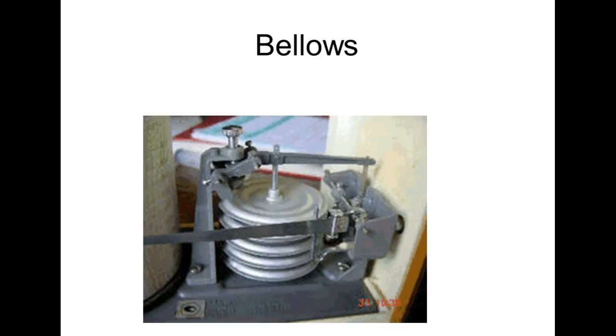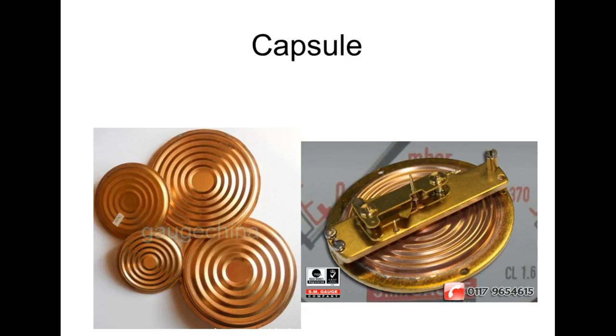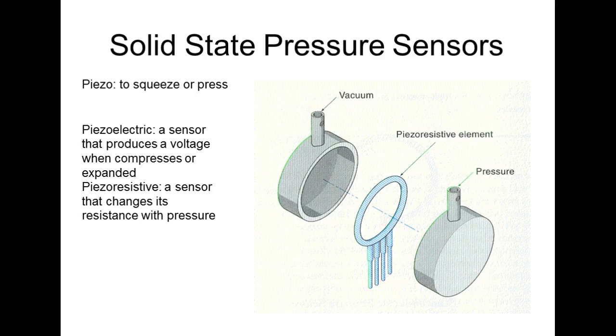And whatever the sensing element is going to be, the transducer. These are the capsule types, so I did get a picture. Pretty neat, right? I've seen them too. I've seen them actually.